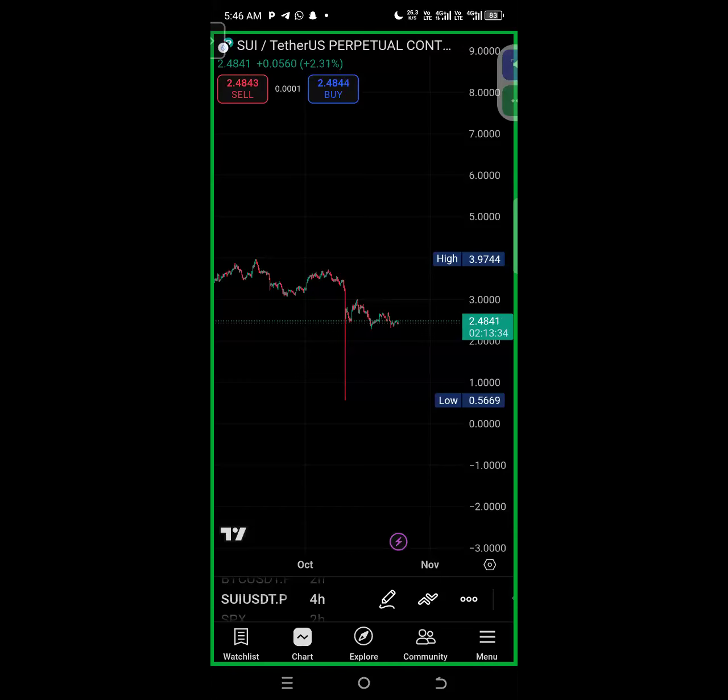But then, if the breakout comes in, it simply means there has been a new zone to which there is going to be a price continuation. So let me draw this line simple here.